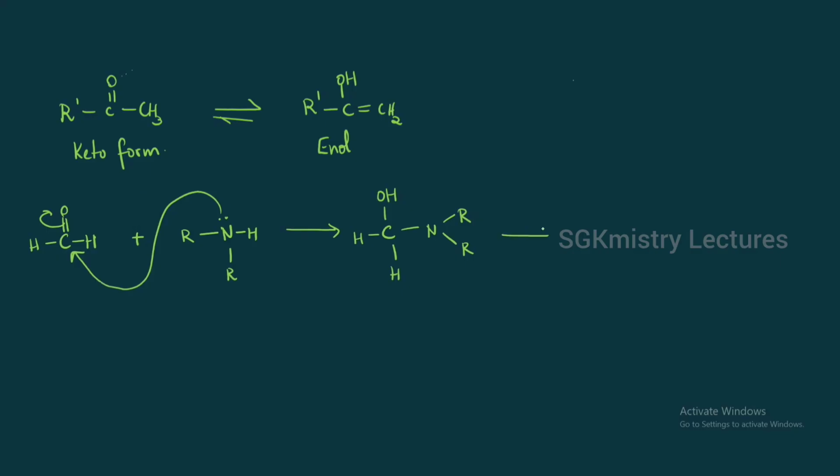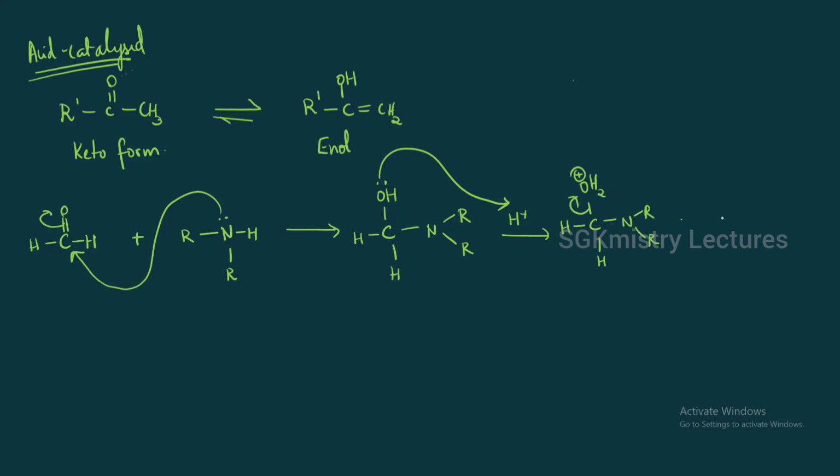Now this, in the presence of H plus, because I'm talking about the acid catalyzed reaction, is catalyzed by the acid. Now what is going to happen here? There is a lone pair of electrons, so this can abstract the H plus and you get here H and H, OH2 plus, N and R. So this can be removed, right?